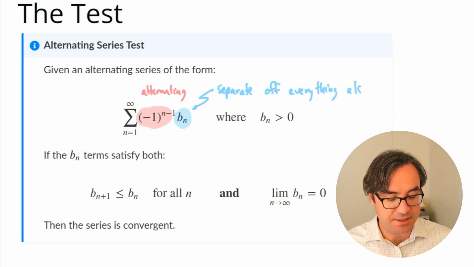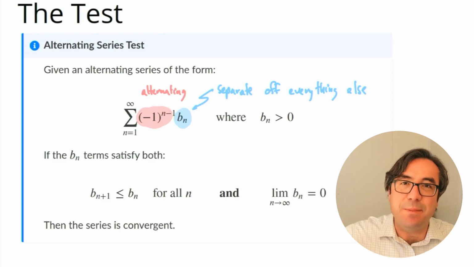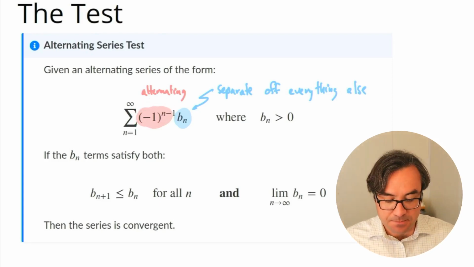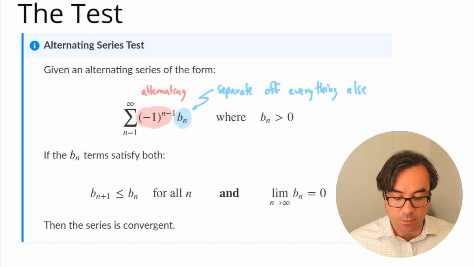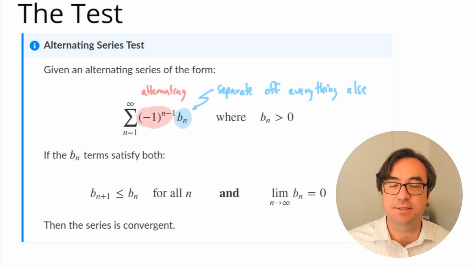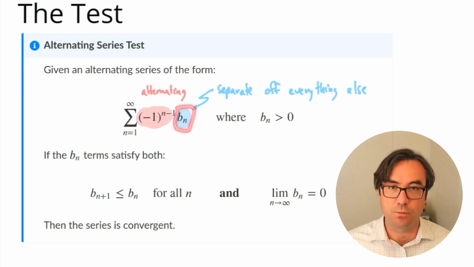When we have a series where we see a power of negative 1, we're going to move that power of negative 1 to the front, still inside the sigma, and then have everything else grouped together. And we're going to be looking at all this other stuff. What happens depends on that bn.